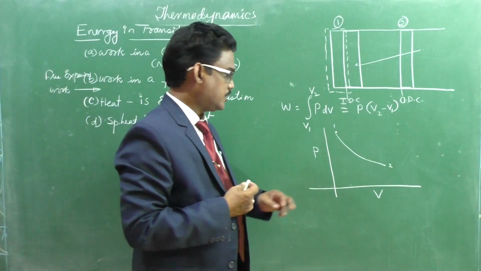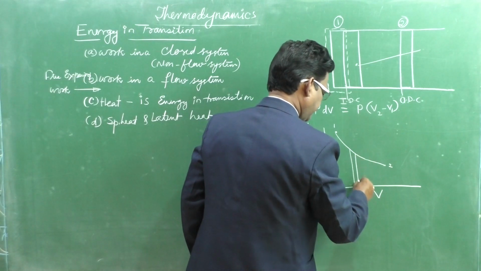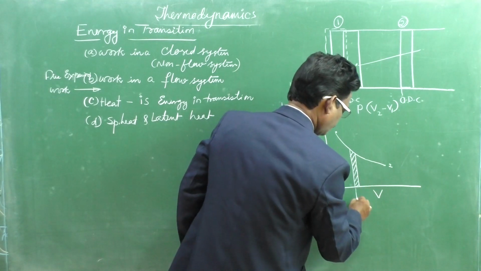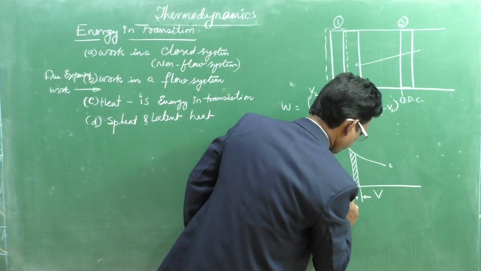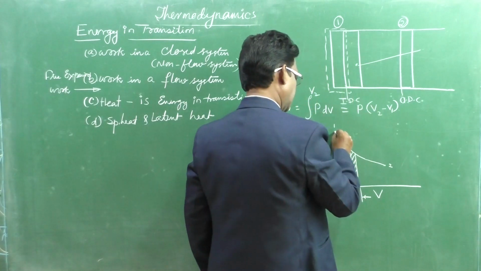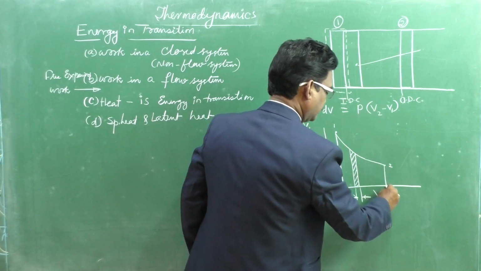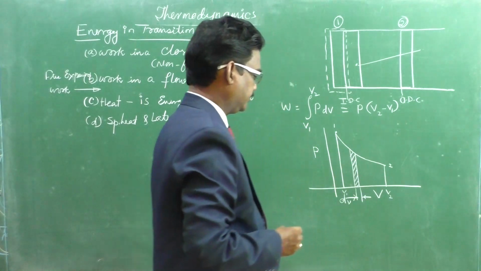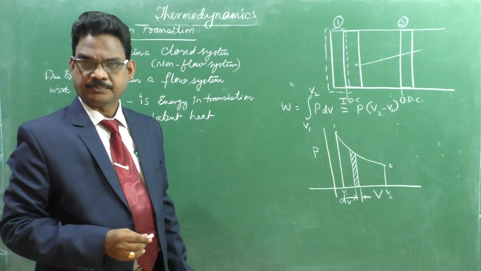Therefore the work is integral P dV within the limits of V1 and V2. We can say the area under the PV diagram gives us work done.